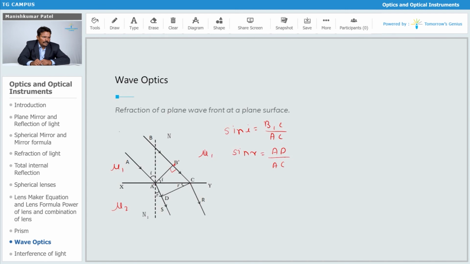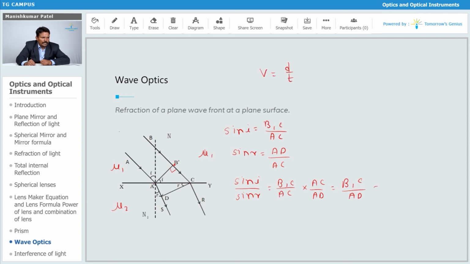Take the ratio, sine I upon sine R. This is B1C upon AC, and this is AC upon AD. AC gets cancelled, giving B1C upon AD. Now what is B1C? That is a distance, and velocity is equal to distance upon time.